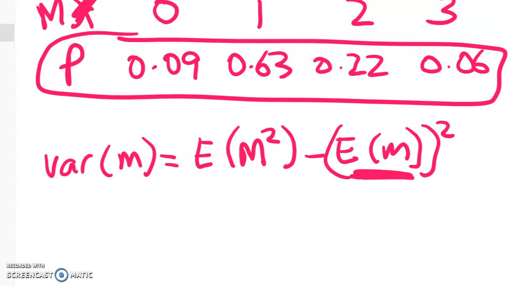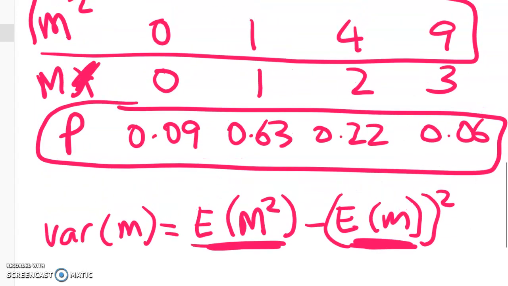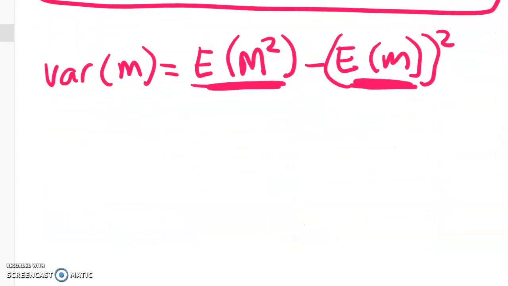Now we've already got this number from up above, so all we have to do is work out this one. So I do the same thing that I did before, except this time I'm taking my probability and timesing it by the squared number. Then this probability times this squared number, this probability times this squared number, and this one times this one. So let's write all of that down.